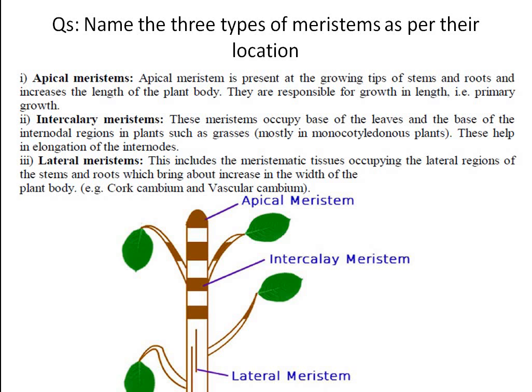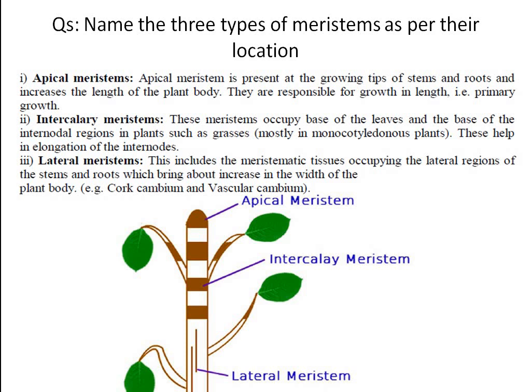So intercalary meristems help in the increase in length of the internodes. Runners, grass, all these plants have this meristem to help their increase in length of the internode.